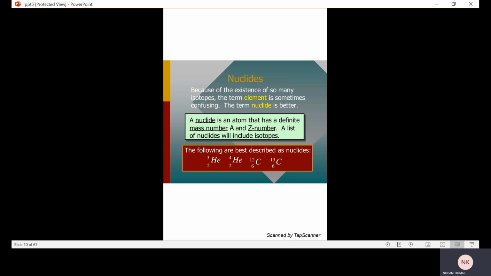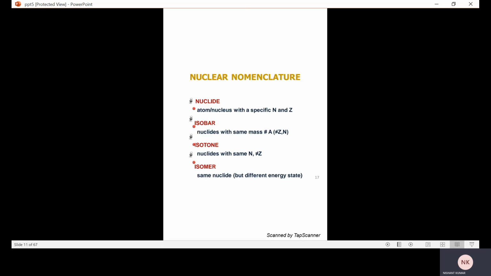Helium of mass 3 and helium of mass 4 are nuclides. An atom or nucleus with specific N and Z is called a nuclide.